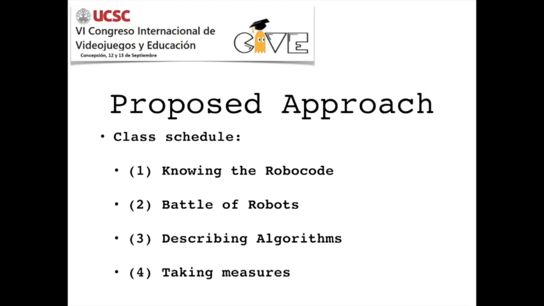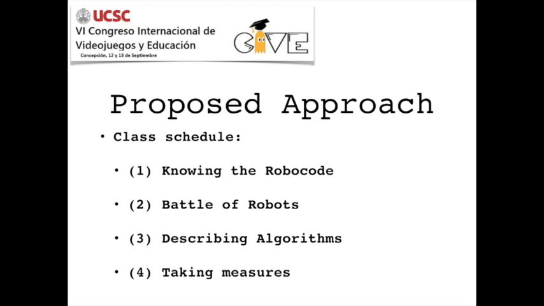The students learn how to use RoboCode, how to create their first robot, and how to program it, so they start to use the environment and the API to program the robot. Secondly, we have the battle of robots. We held a battle between the student groups, only to have fun with the game environment.